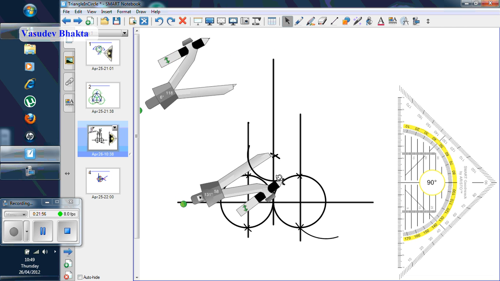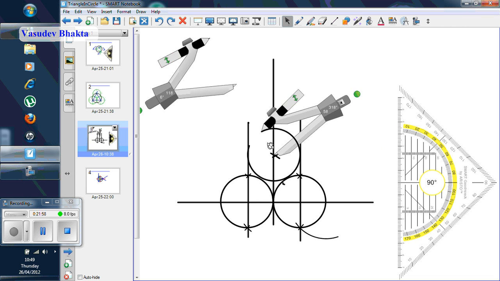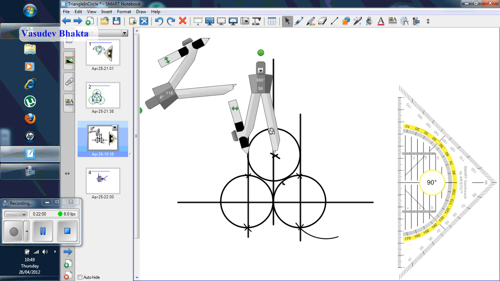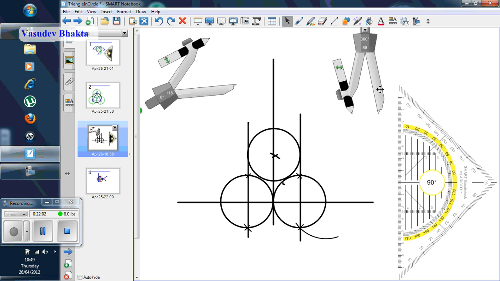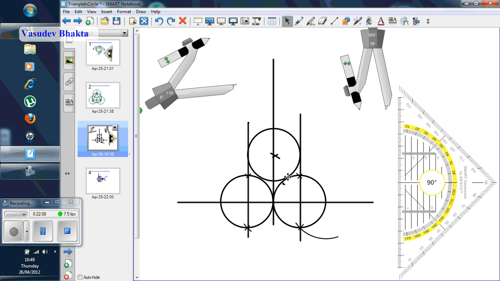Let's just draw it in. It's slightly off because of the way I've placed my compass, but these lines here should be touching, and these lines should be touching. I'm going to try slightly cheat here and try and get my final circle to touch by simply moving it slightly. But that is basically what we have.